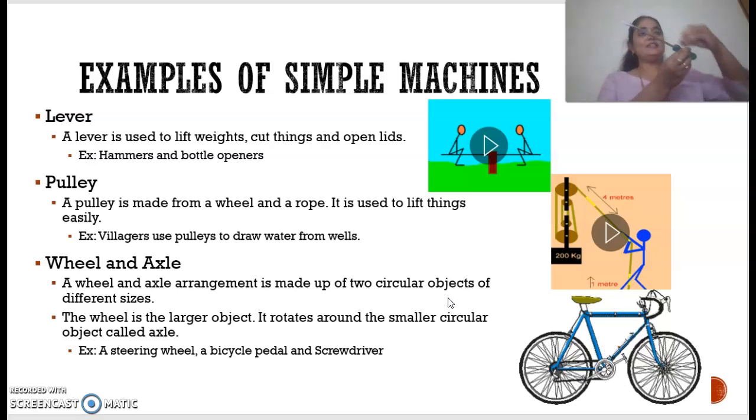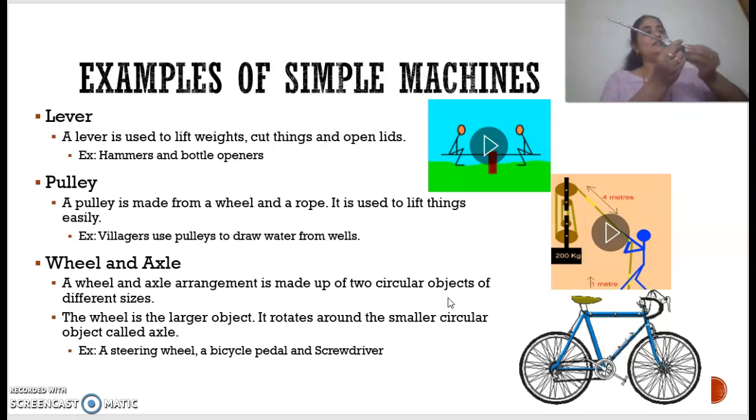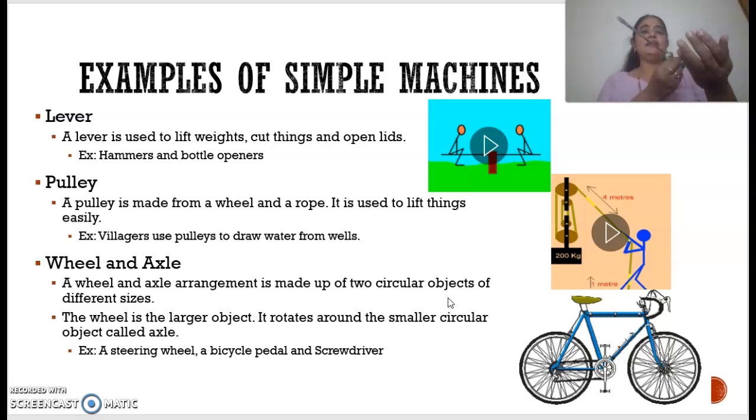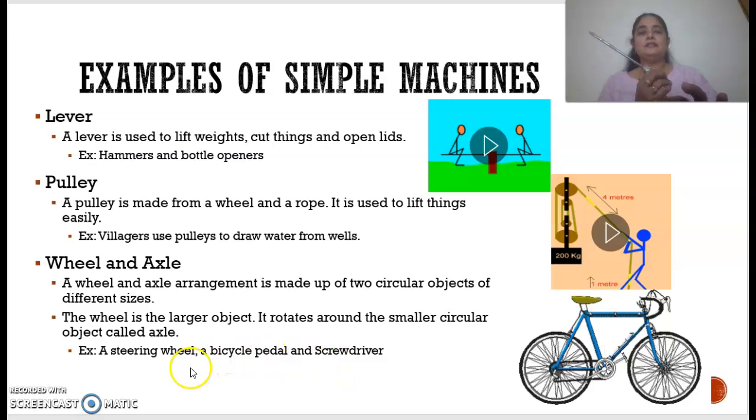So the force is transferred actually. The wheel will always be the larger object, and when it is rotated, the other part is also getting rotated. Another example is bicycle and the steering wheel. All this comes under wheel and axle, which is used as a simple machine.